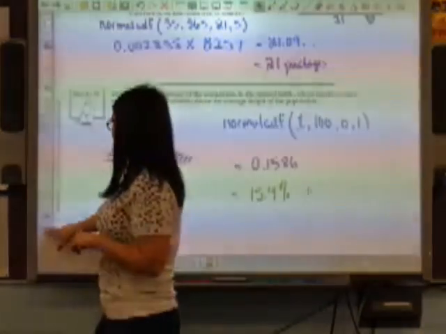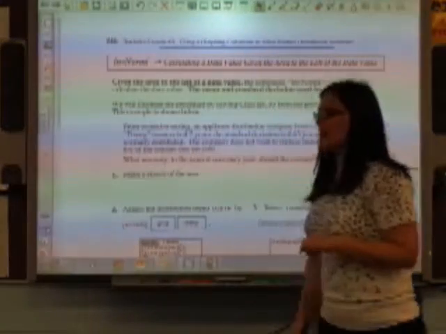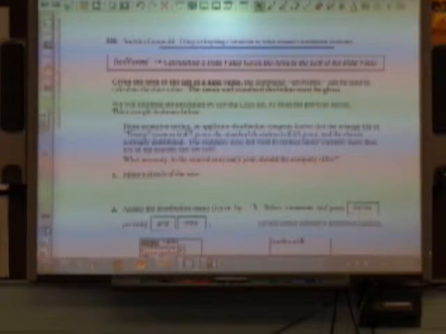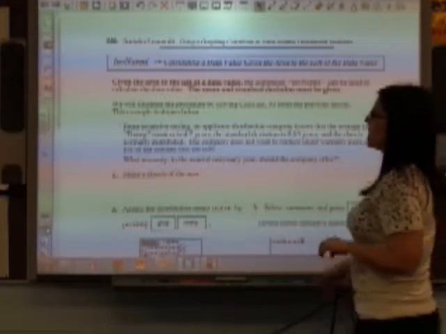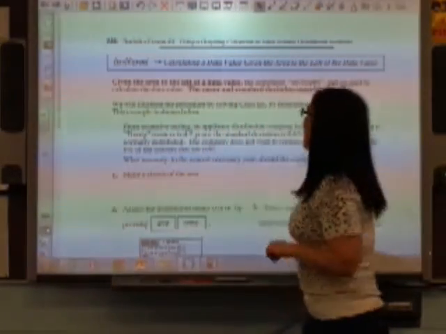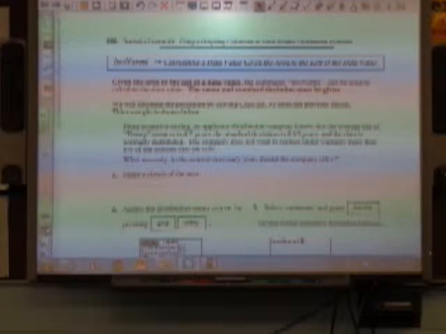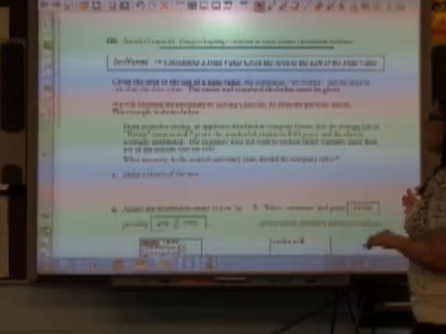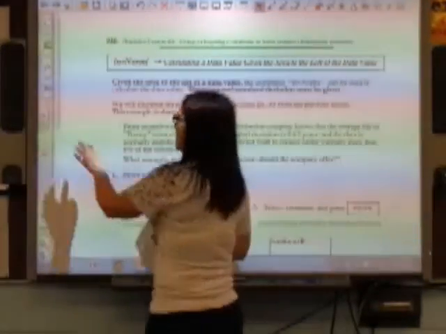The next part gives you the area and asks you to find the value. So if you were given the area to the left of a data value, we can use inverse norm to calculate that data value. We need the mean and the standard deviation.